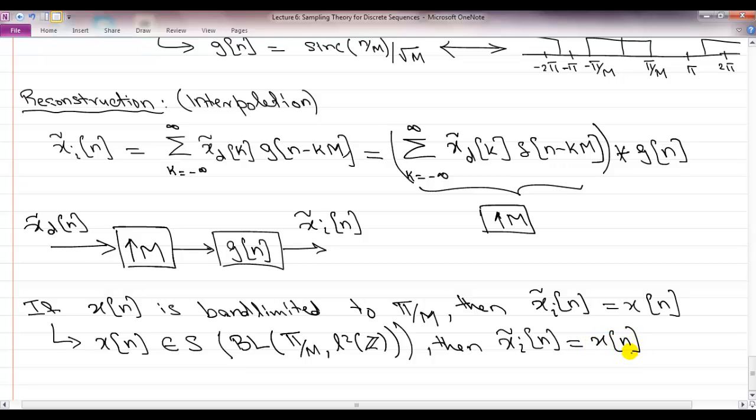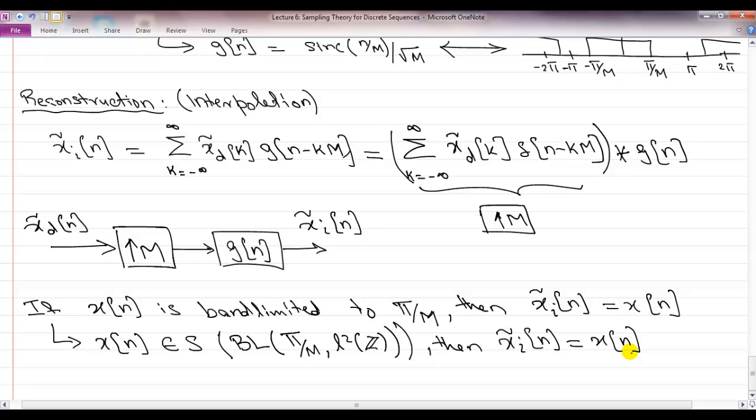So in the case of band-limited signals, we can easily address what should m be. Our m has to be such that our signal is band-limited to pi over m. If m is large, it has to be even constrained to a smaller region of bandwidth.